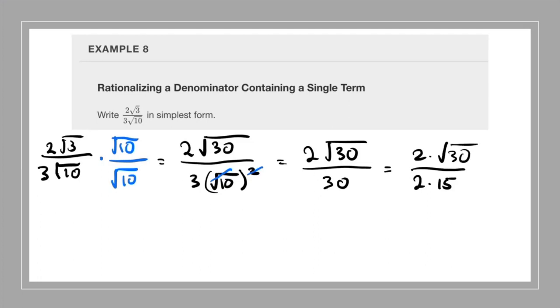Notice we have all multiplication and division, so we can cancel. We're not trying to cancel across addition and subtraction, because we can't do that, generally speaking. So because we have all multiplication and division, this factor cancels this factor, and we're left with the square root of 30 over 15.